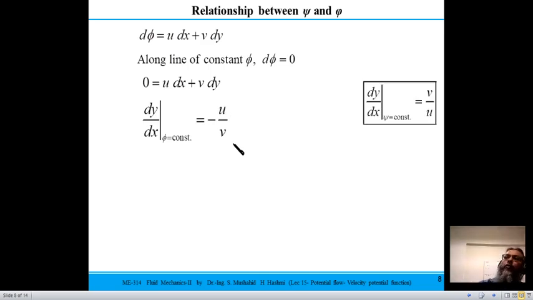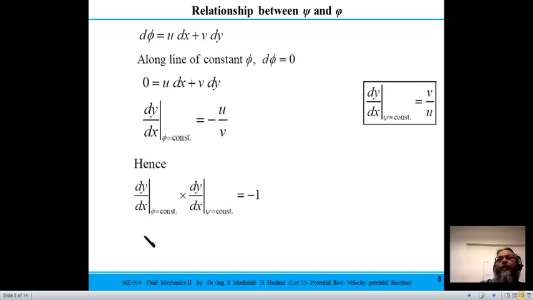As we know from the definition of constant stream function, it is v over u. If you multiply these together, the product of these two gradients is equal to minus 1.